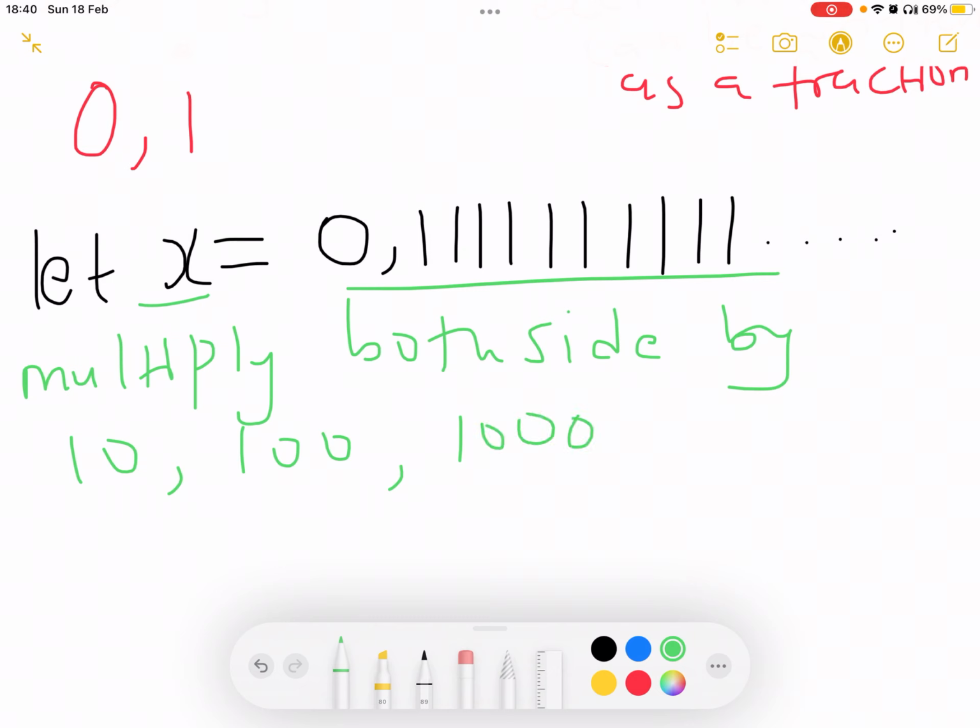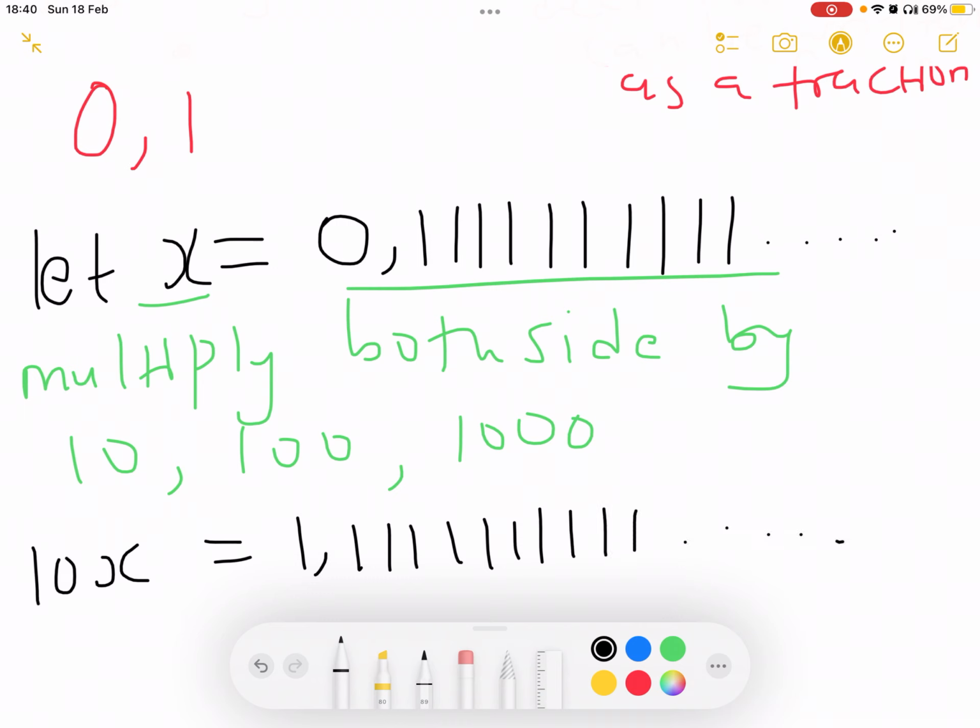What happens when we multiply the left hand side by 10? Multiplying x by 10, you get 10x. And 0.1111111111 multiplied by 10 gives you 1.11111111. Then you make that your second equation, and the first equation is the original one.